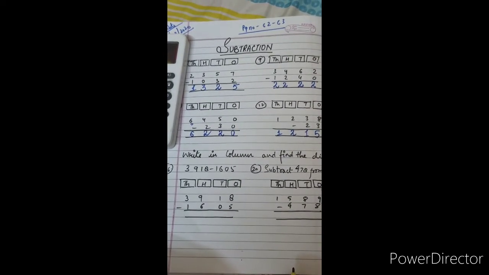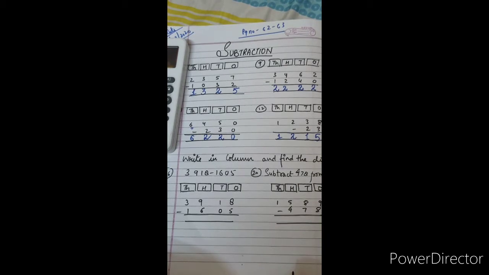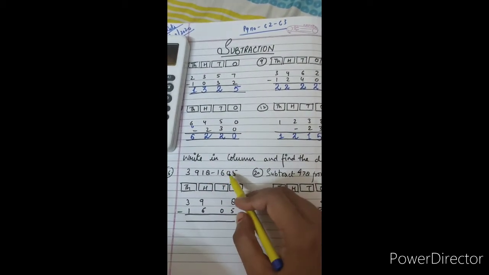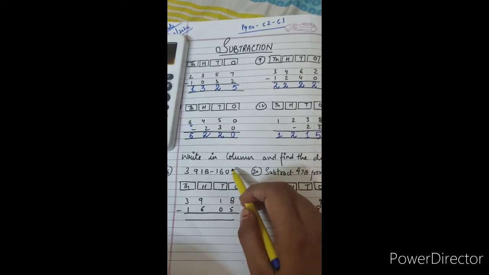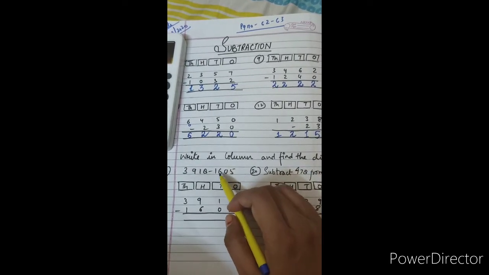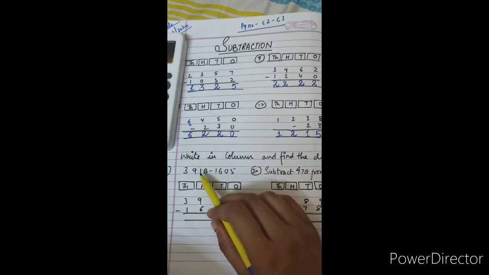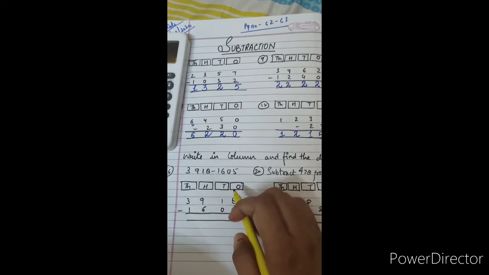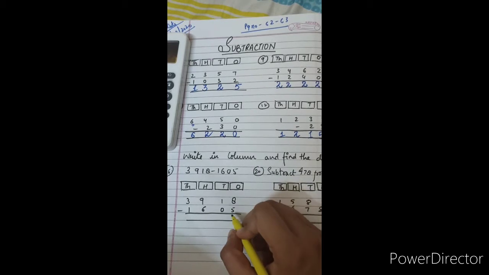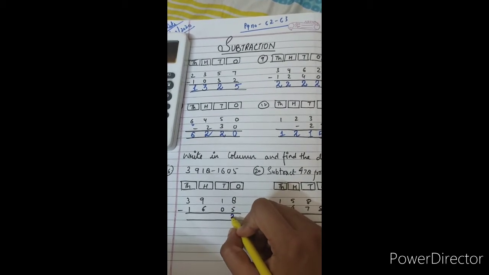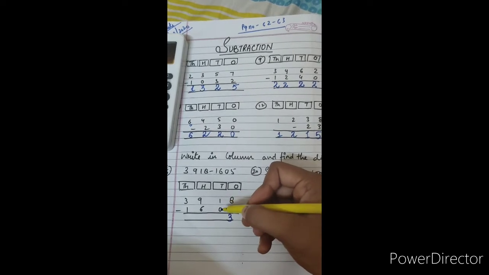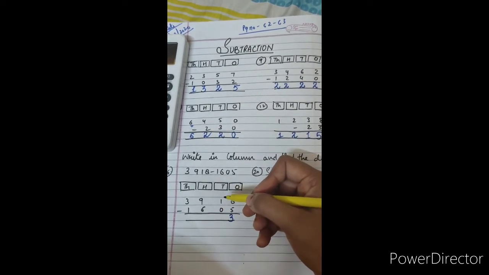Write in column and find the difference. Question number 16. 3918 minus 1605. So we want to subtract 1605 from 3918. So 8 minus 5 is 3. And we want to subtract 0 from 1.